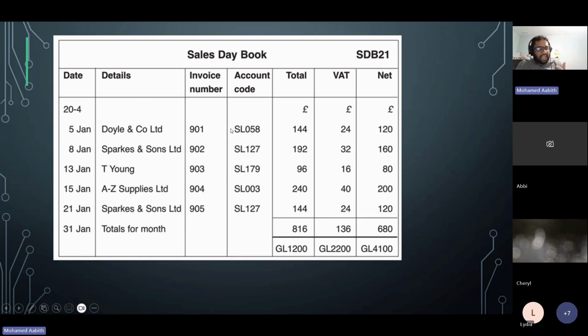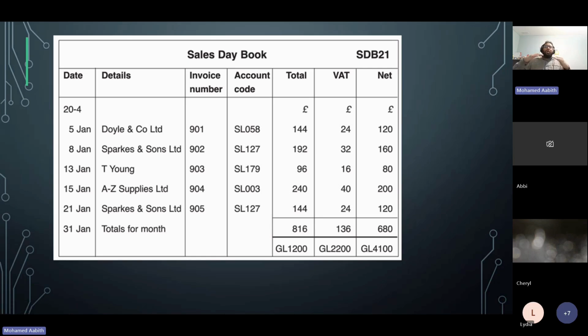It can be either SL or RL. SL means sales ledger. Nowadays, we use the more sophisticated naming called receivables. So it will be a receivable ledger, RL, and that will be the number the customer is allocated to. Individually, every customer has their unique reference number, which is the account code.